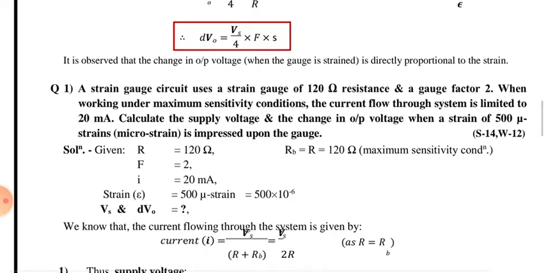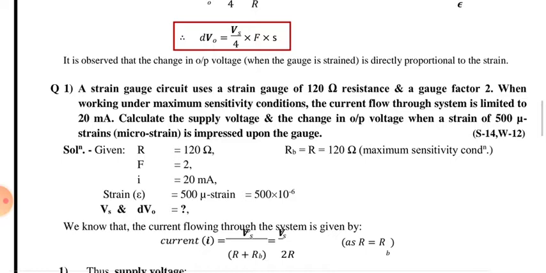So 20 milliampere converted to ampere is 20 into 10 to the power minus 3 ampere. Calculate the supply voltage and change in output voltage when the strain is 500 micro strain, that is 500 into 10 to the power minus 6.